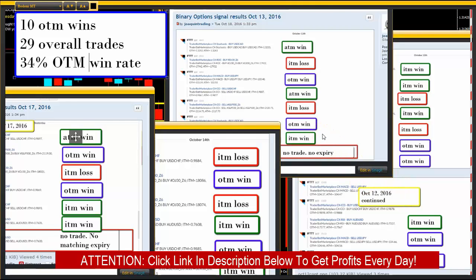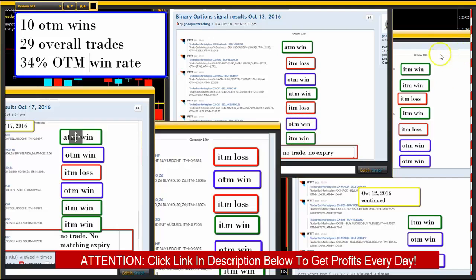Now go and count the consecutive losses in between the wins. I see 2 consecutive losses in between this win and this win. And then I see 1, 2, 3, 4. We're talking about OTM losses, not anything else. We see 3 consecutive losses between this trade and this trade. 2 consecutive losses here.